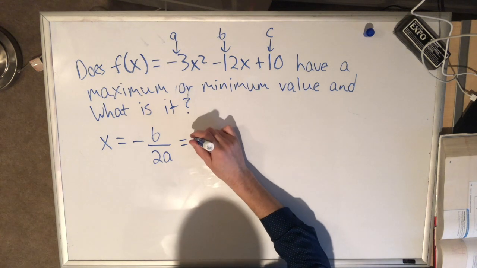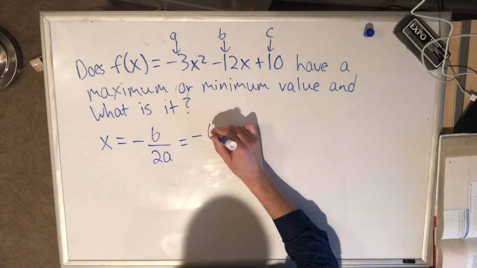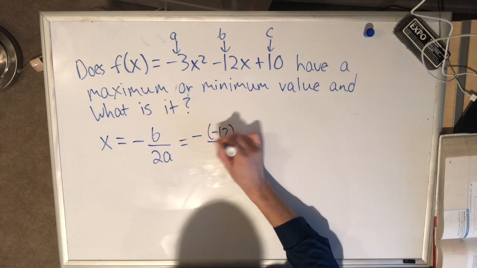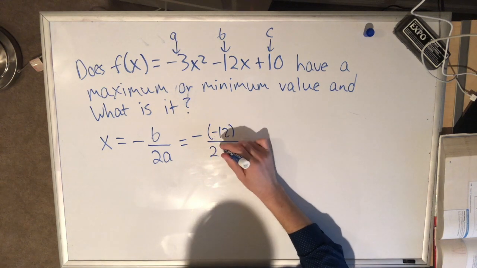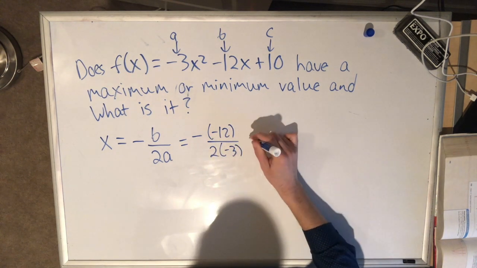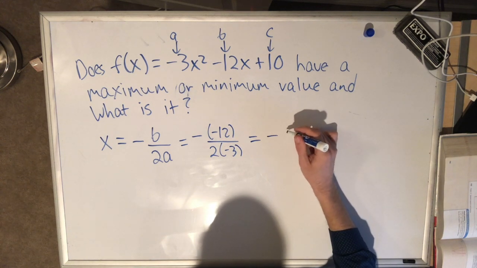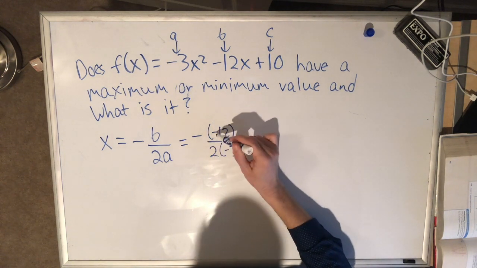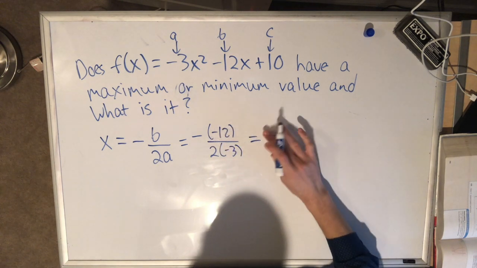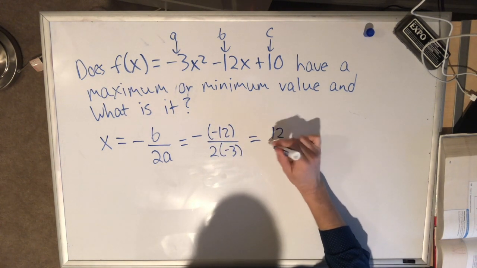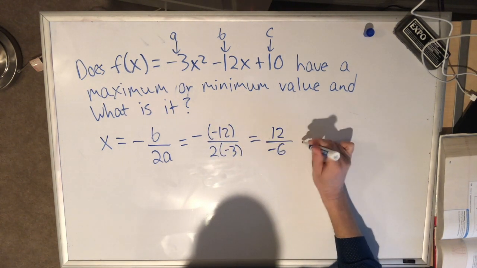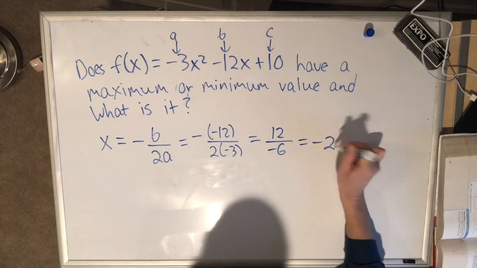So that's going to be negative 12 over 2 times negative 3, where the two negatives up on the top make a positive. So we get 12 over negative 6, which is negative 2.